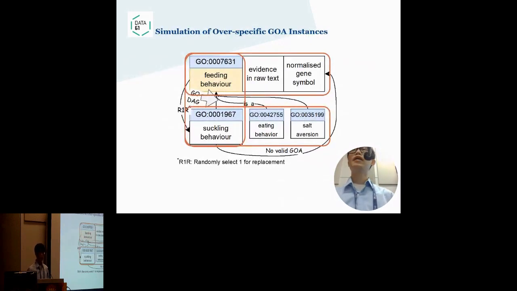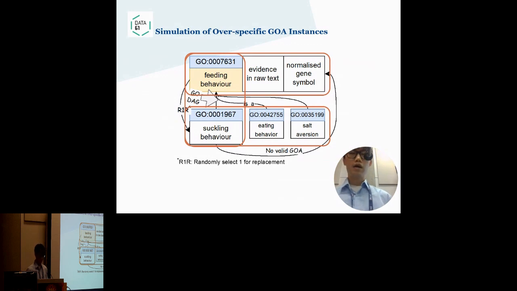So based on the definition of the typed inconsistency, we can simulate real-world inconsistent instances to support the implementation of a statistical inconsistency detection model. Here I will introduce the heuristic strategy to simulate over-specific inconsistency. This strategy involves transforming a consistent instance into a specific type of inconsistency.